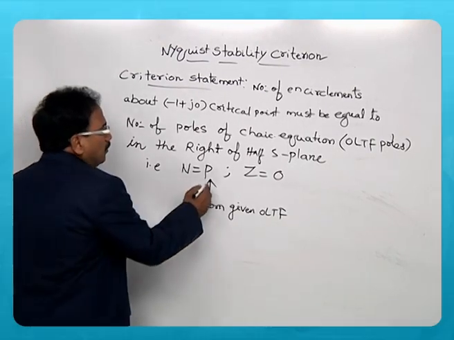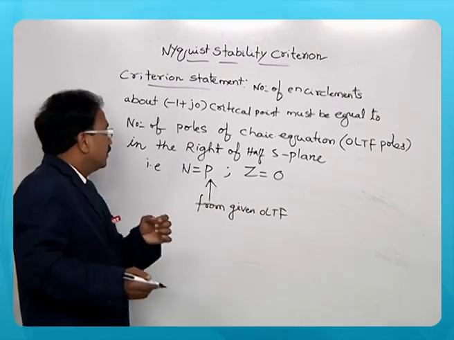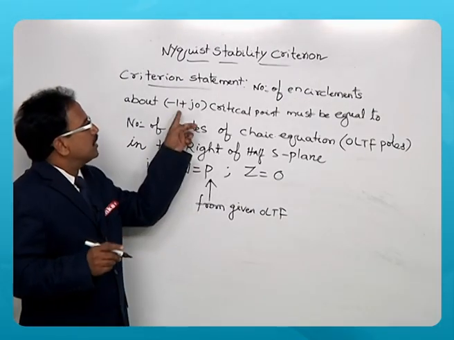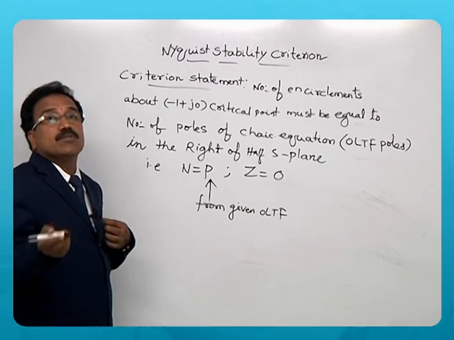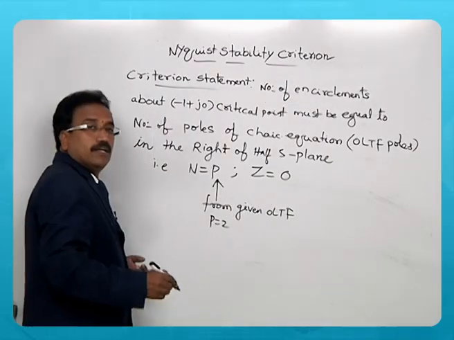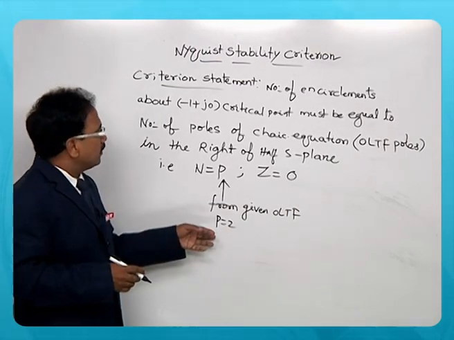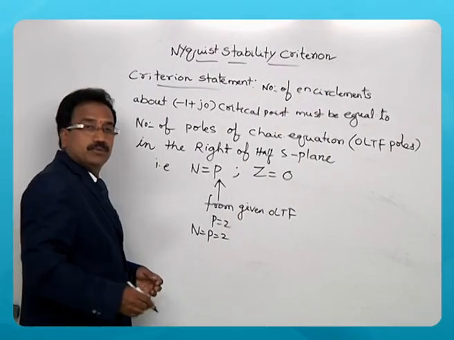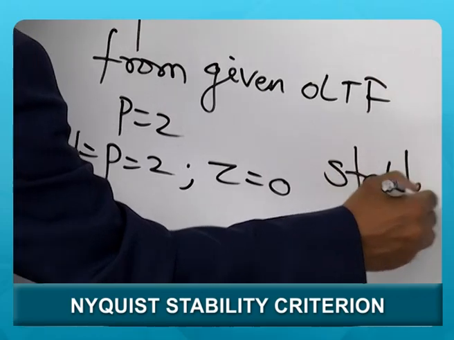If there are no poles in the right half of the S-plane from the given transfer function, then there should not be any encirclements about the -1 plus J0 critical point. Then we can say that it is a stable system. If P is equal to 1 or P is equal to 2, say 2 poles in the right half you find from the given loop transfer function, then n also must be equal to P, that is equal to 2. So Z will be 0. We say that it is a stable system.